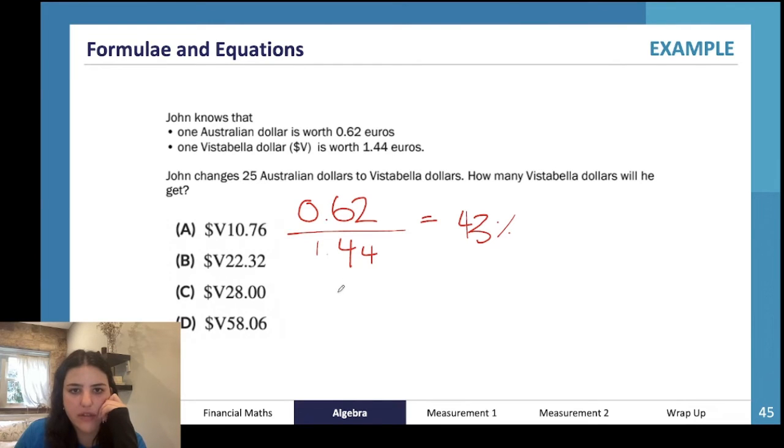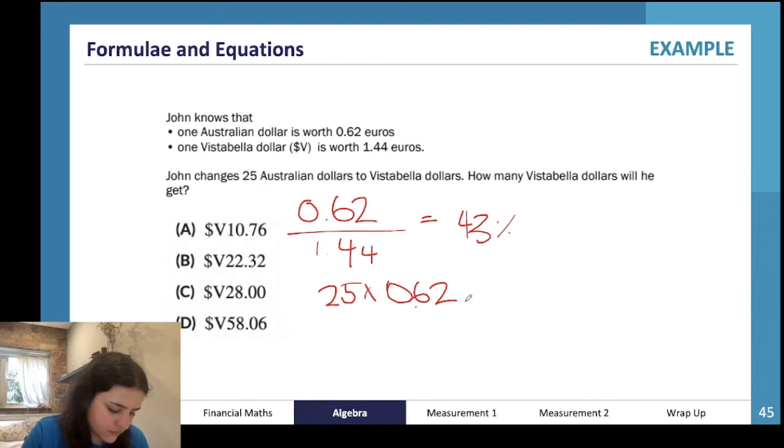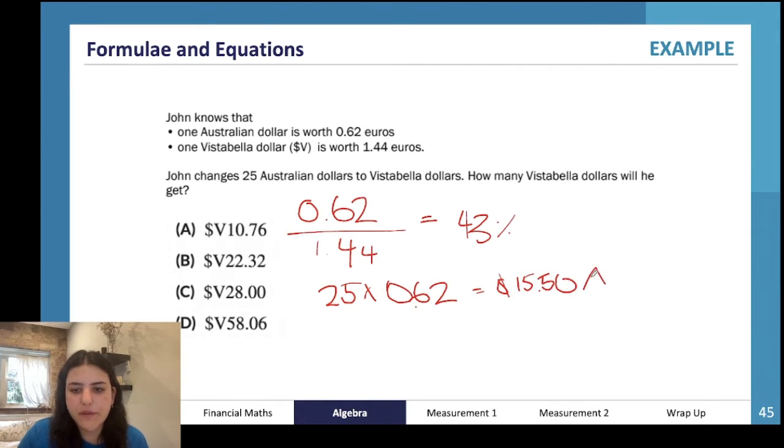So Australian dollar is worth 0.62 euros. So we've got 25 Australian dollars. We're going to times that by 0.62. And that gives us 15.50 euros, which is 25 AUD.